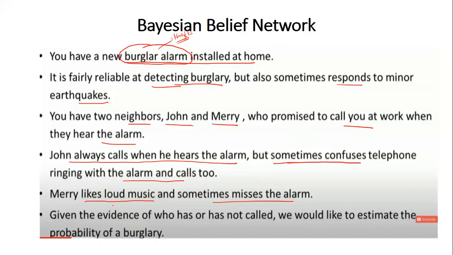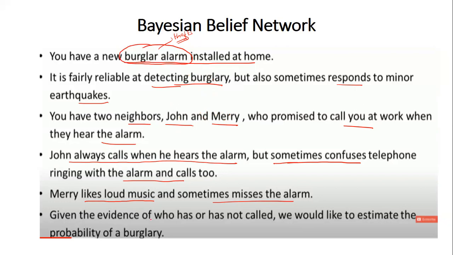Given these evidences, given this info as probability, everything can be represented as a probability. What is the probability of really having some intruder in the house, and what is the probability that an earthquake has occurred and because of that the alarm has made noise, and what is the probability that John has called because of burglary, and what is the probability that John has called because of the telephone ring, and so on and so forth.